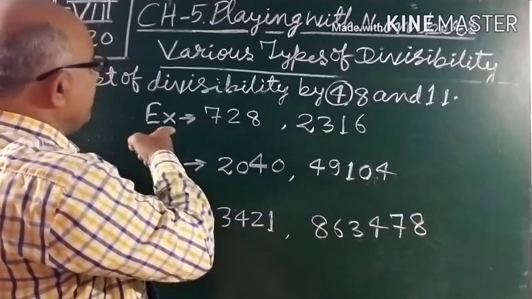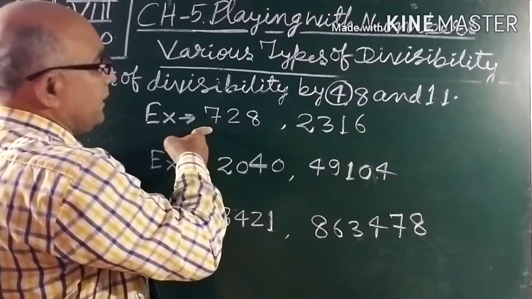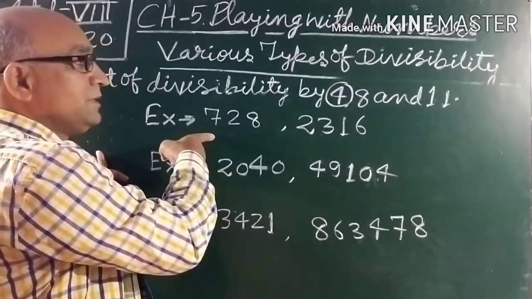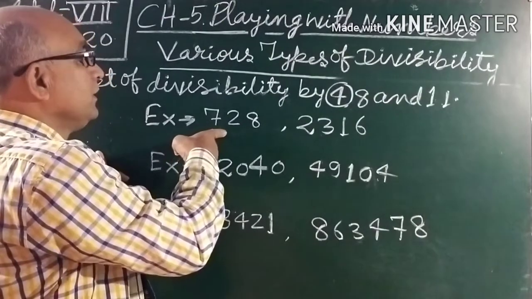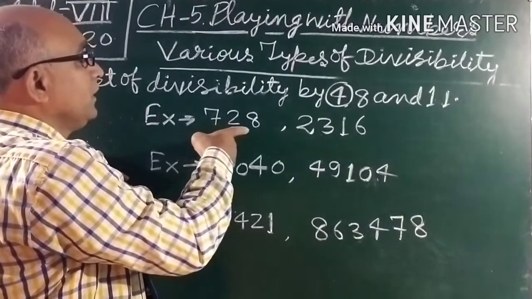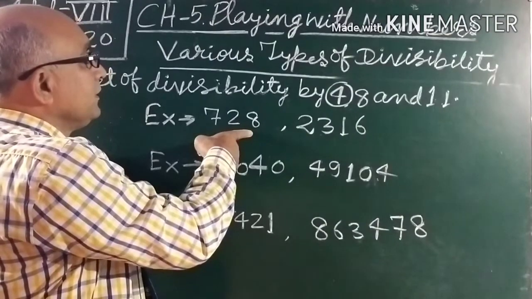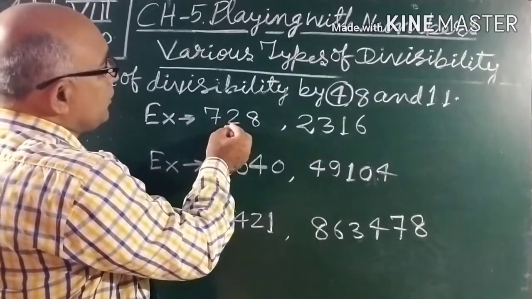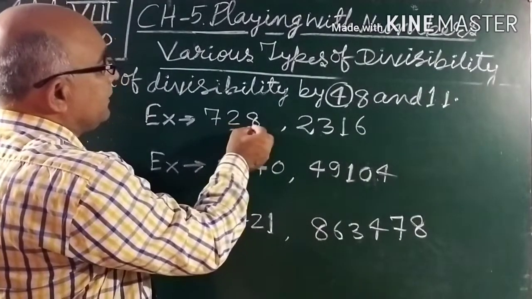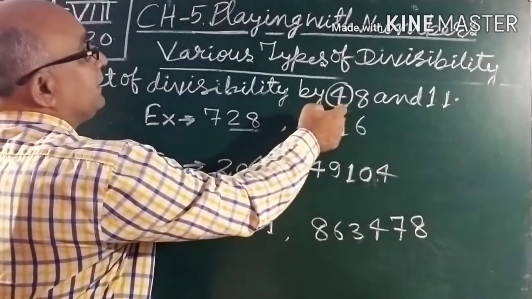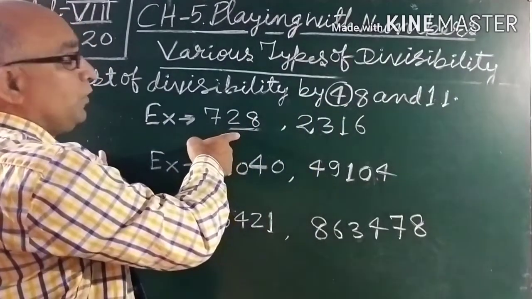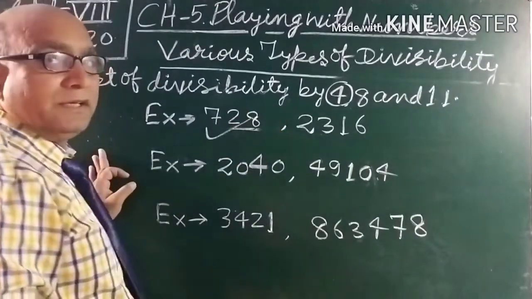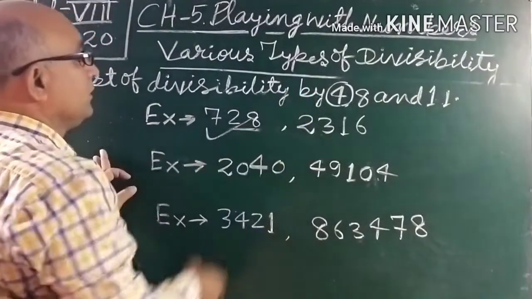Students, example 1: the given number is 728. Here the number formed by its last two digits is 28, and 28 is divisible by 4. 4 sevens are 28. So 728 is divisible by 4.